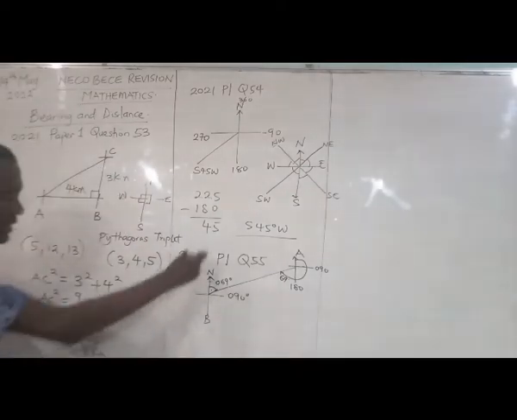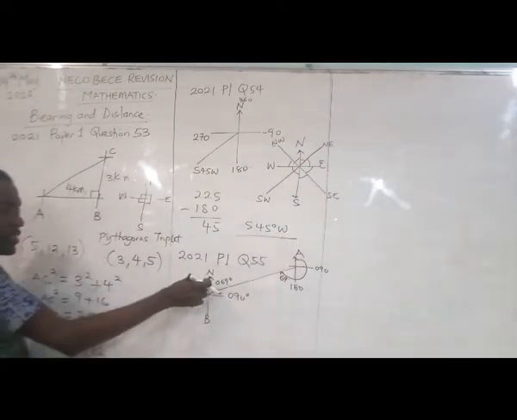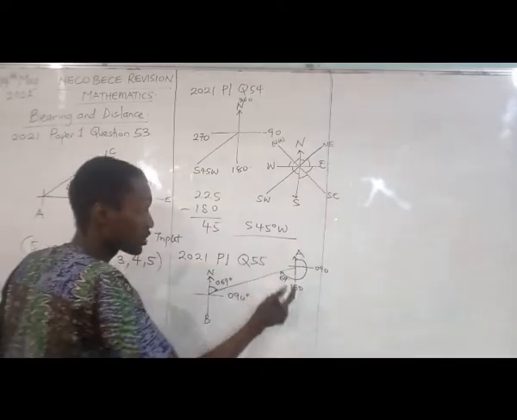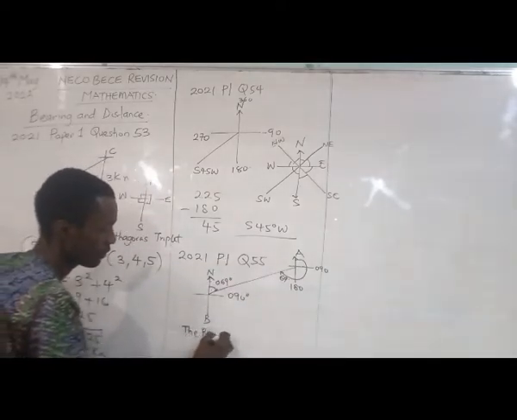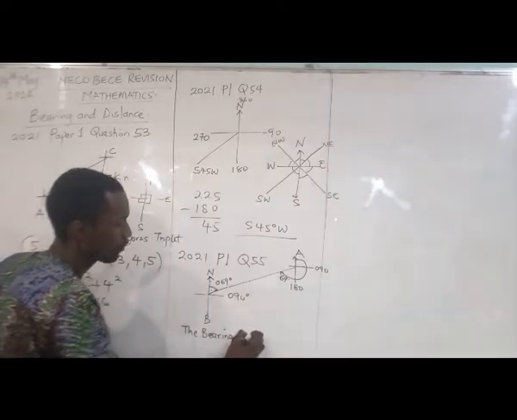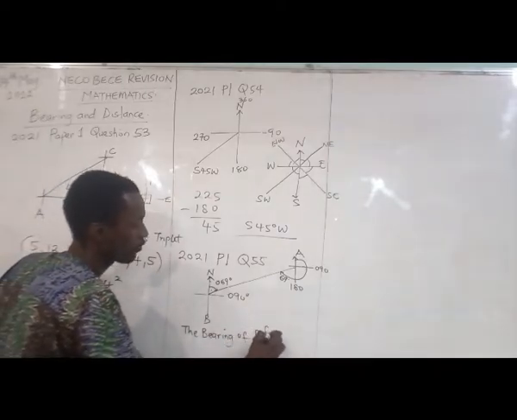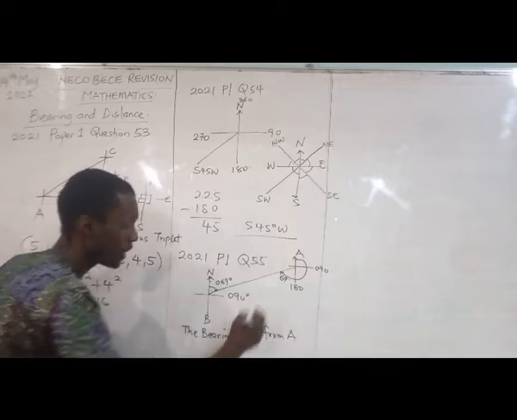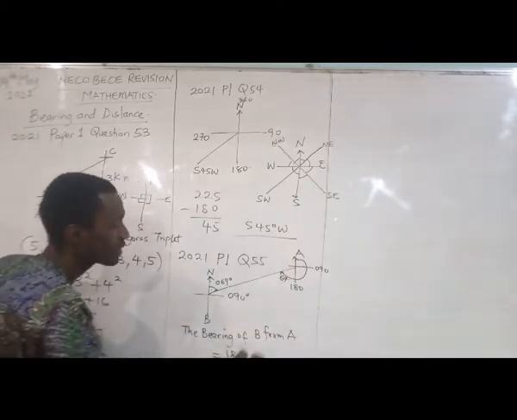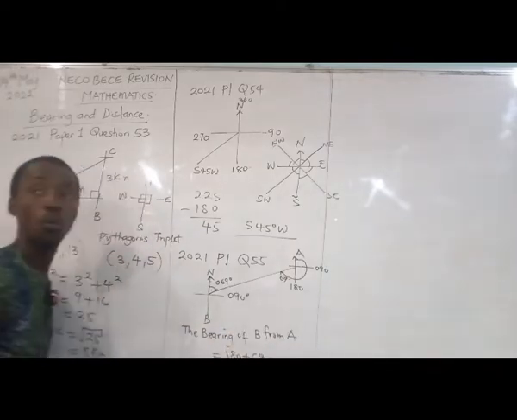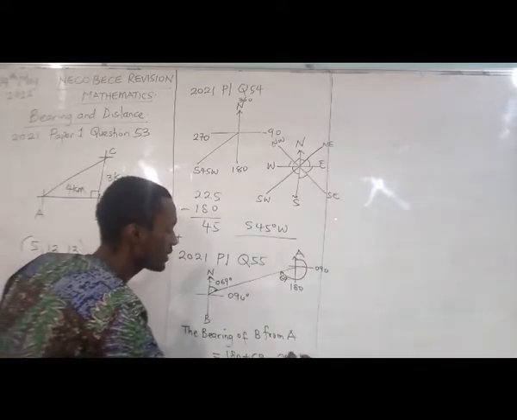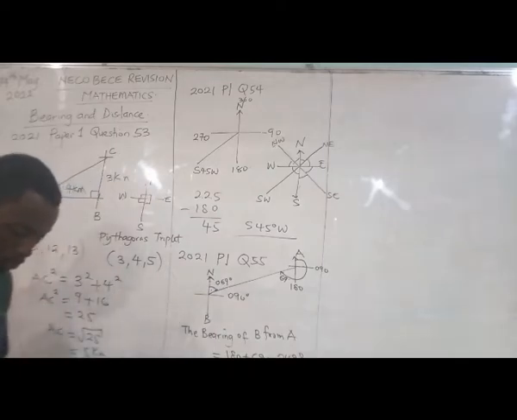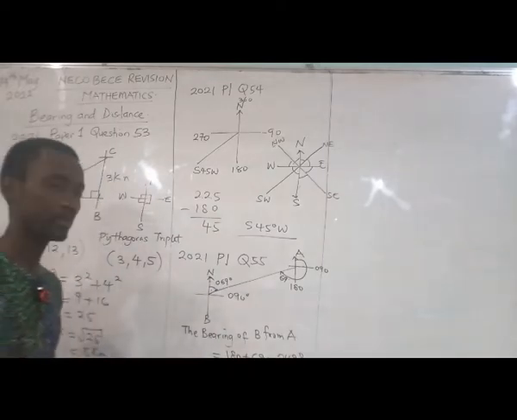Alternate angles. This line parallel to this line. So if this angle is 69 degrees, this angle becomes 69 degrees. So the bearing of B from A will simply be what? Adding 69 to what? 180. And if you do your addition well, that will be 249 degrees. So that answer becomes what? 249 degrees.